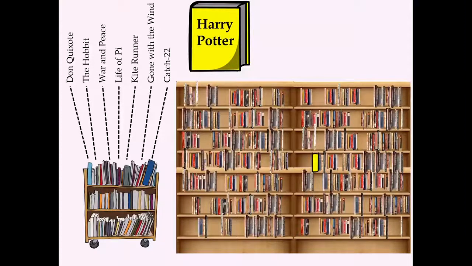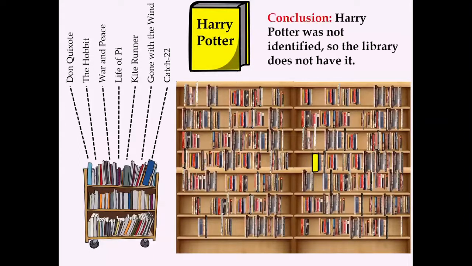So you can be pretty happy because in this process you can say, look, there's these other books I might possibly want to read, and so these are the ones I'm kind of forced to deal with, but I can't really say anything about whether or not the library even had that book or whether or not I could have gone and found it. So kind of the conclusion is that Harry Potter was not identified, so you could incorrectly assume that the library does not have it, but this could be just an artifact of the sampling.